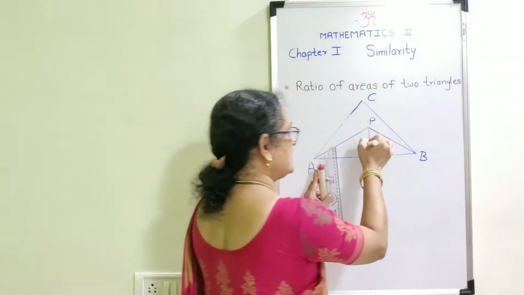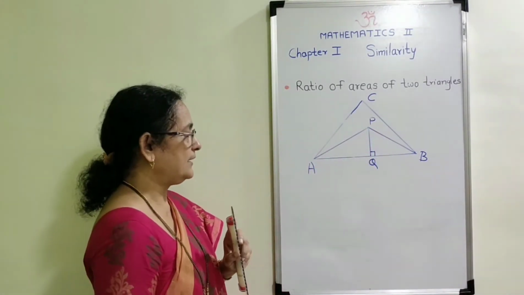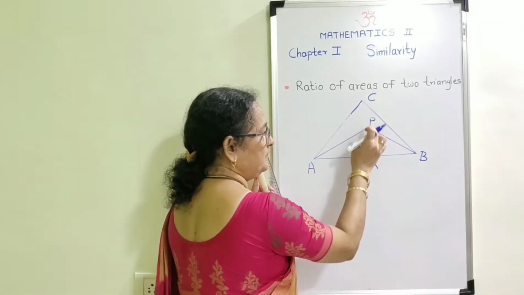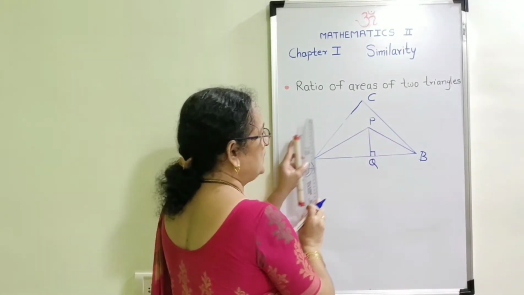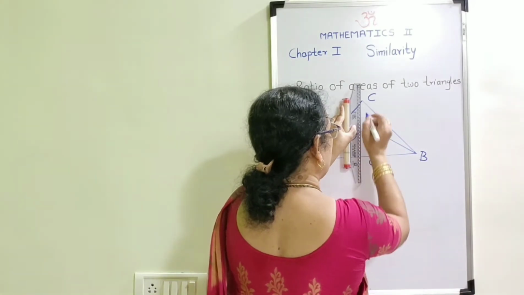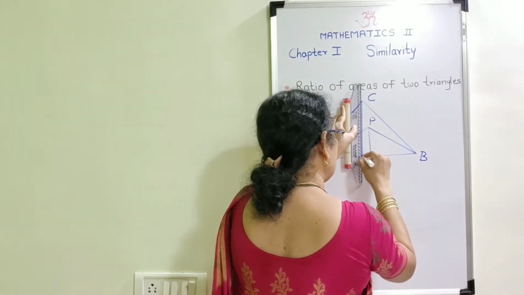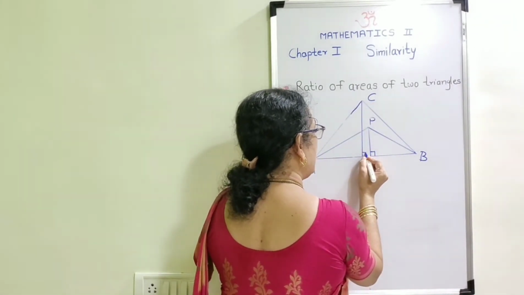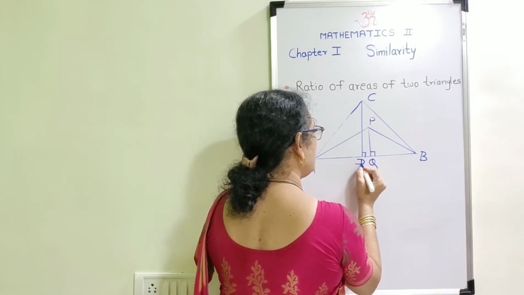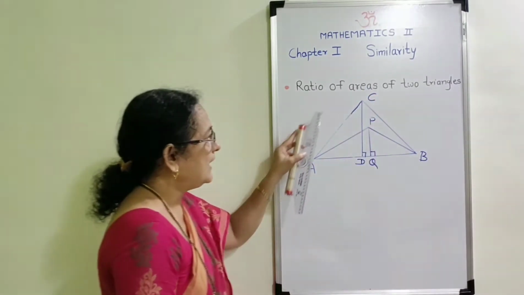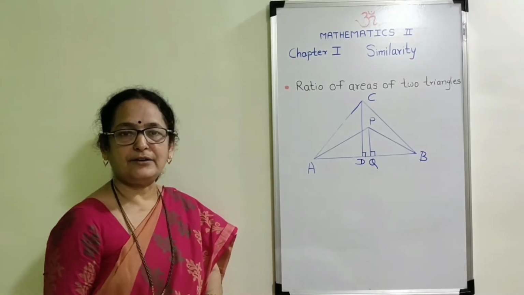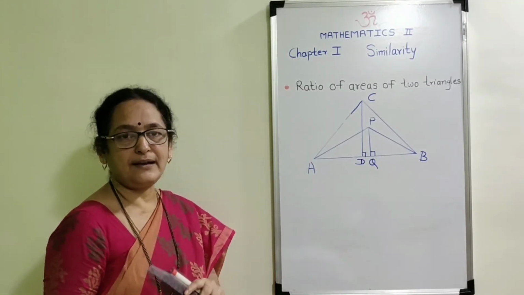Suppose this is the first height of triangle A, B and P. Height is PQ. Suppose I want to determine height of the bigger triangle, that is triangle ABC. I have to draw a perpendicular from vertex C and segment CD is the height of the first bigger triangle.